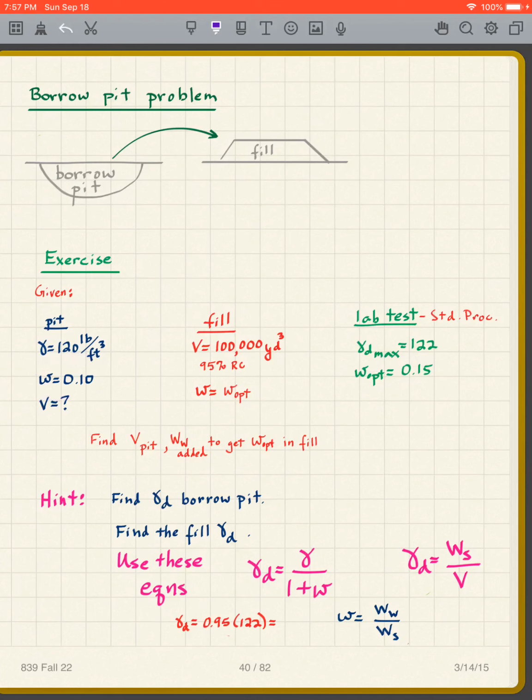So, okay. I'm going to give you a hint on how to do this. First, you need to find the gamma D in the borrow pit. You need to find the gamma D for the fill, using this equation here and this equation here. So we're going to use both of these equations.